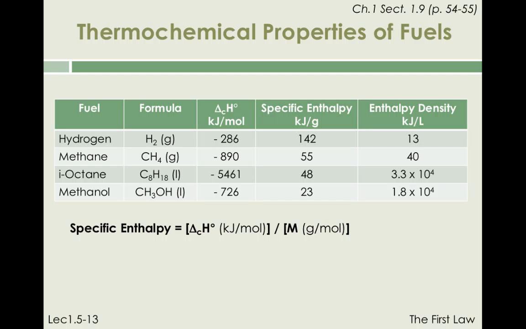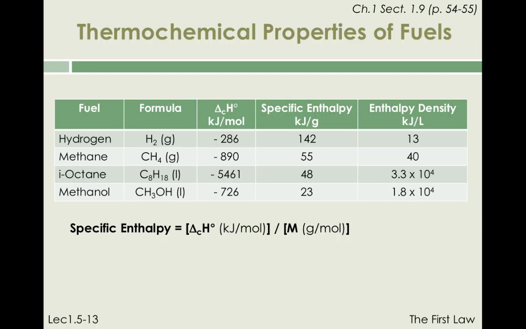On this scale, hydrogen becomes the most efficient fuel, releasing 142 kilojoules of heat per gram of hydrogen. While hydrogen fuel cells are receiving a lot of attention today, there are a number of practical issues associated with this fuel. First, hydrogen is a gas, and a gram of hydrogen occupies a considerable volume under ambient conditions.